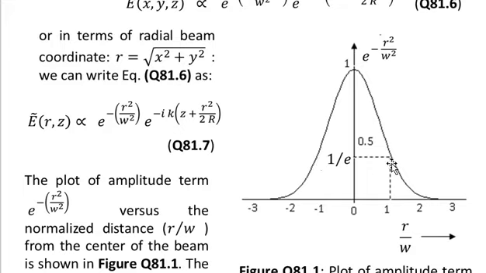So the 1 over e points will determine the width of the laser spot, or the width of this Gaussian function. Since this Gaussian function represents a laser beam in our case, the 1 over e points give you the width of the laser beam in terms of amplitude, because we are plotting the amplitude, not the intensity.